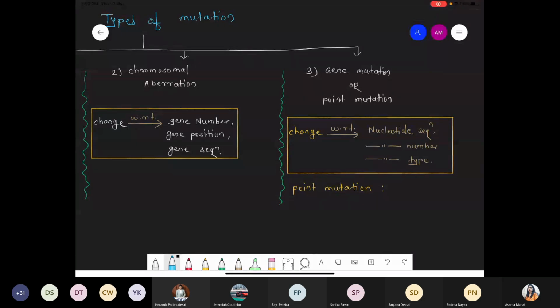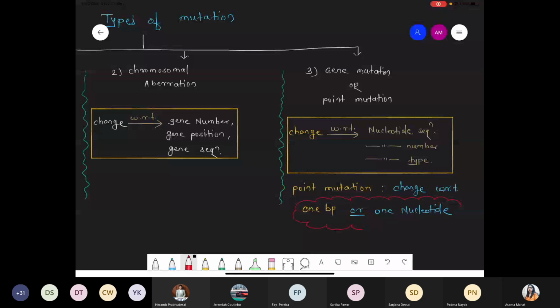So point mutation is nothing but a change with respect to one base pair, BP, or one nucleotide.